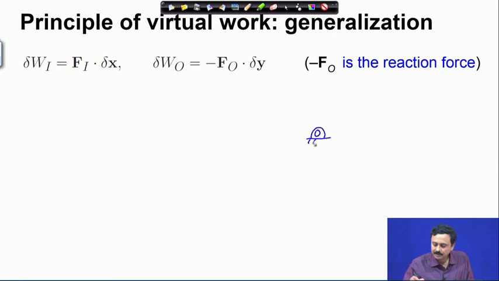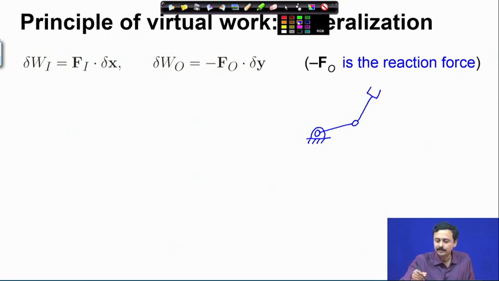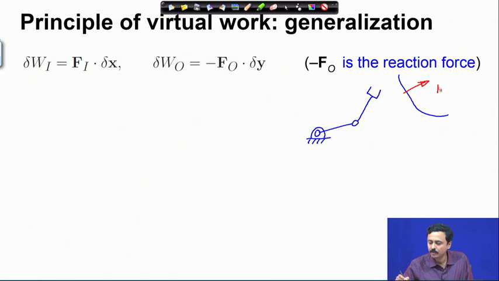So, if I consider for example, a manipulator, a 2R manipulator let us say, which we are going to look at very soon. Suppose it is applying a certain force FO.